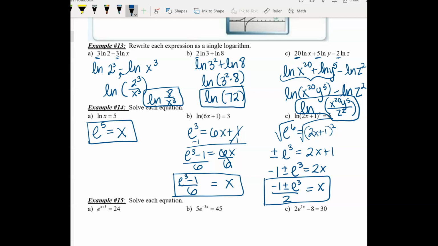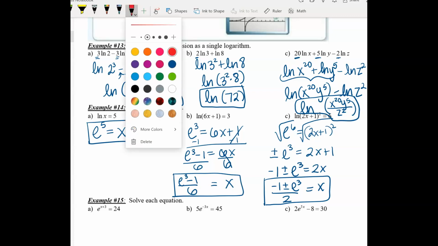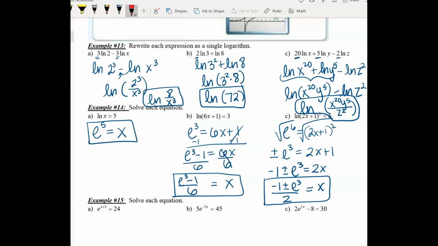Now, one thing I didn't do, and I'm going to go back and do right now, is I do need to check these answers. Check them in the sense that I know they cannot leave a negative or a 0 value inside of a logarithm. So like here, e to the 5th, if I plug that back into x, then I'm taking the natural log of a positive number, whatever e to the 5th is. So that's fine, okay?